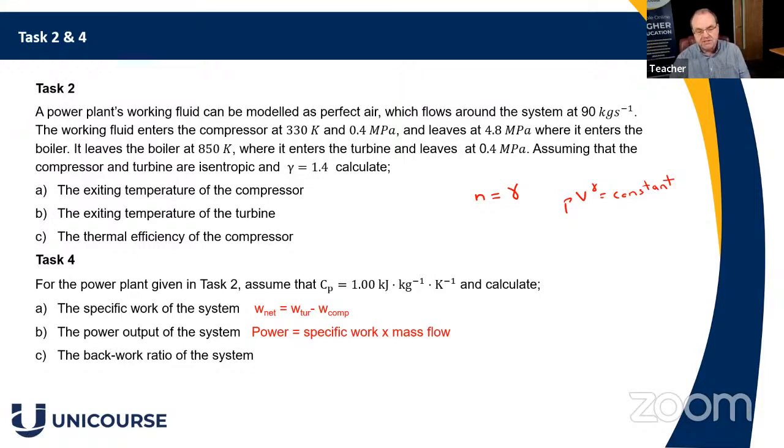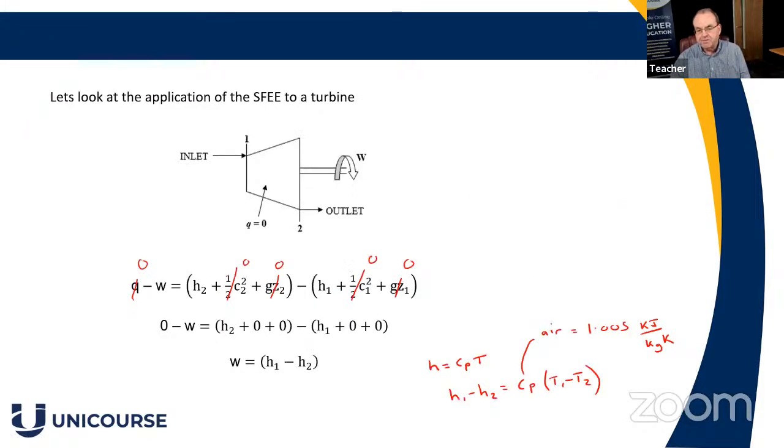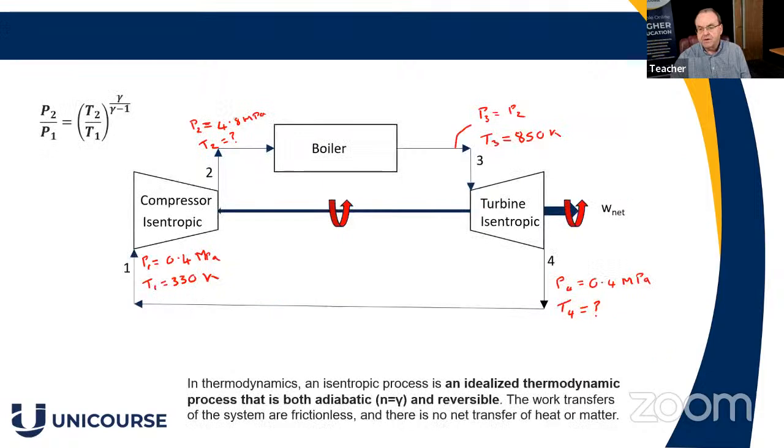Now then, the next part in task 4 relates back to task 2. It says, determine the specific work of the system. I've got to be careful here about what we mean by the specific work. The specific work is simply the work output in joules per kilogram of fluid.